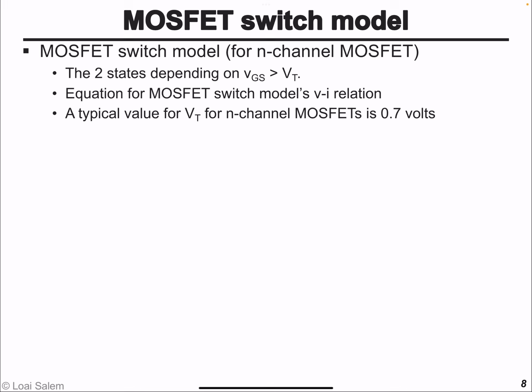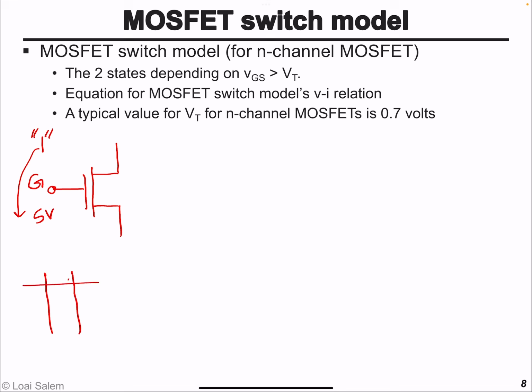A little more detail about a transistor or a MOSFET. As I mentioned, when I say we apply logic 1 at the input, this means we apply a specific amount of voltage, say 5 volt. When I sketched the truth table for a gate with inputs A, B, and output Y, we said we have 4 possibilities: 0, 0, 1, 0, 0, 1, 1, 1.